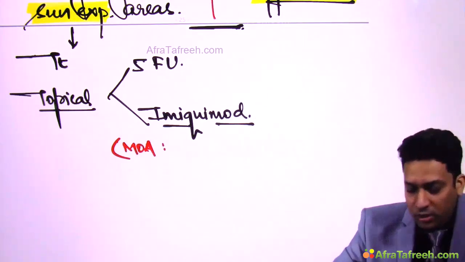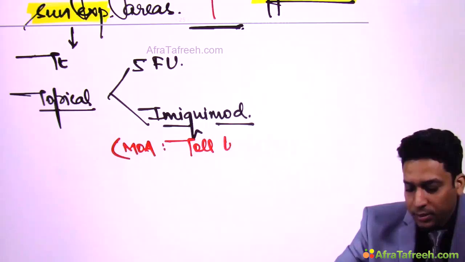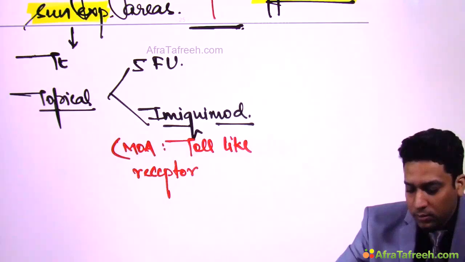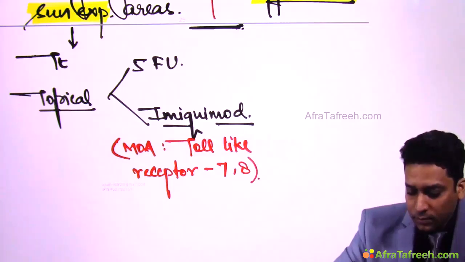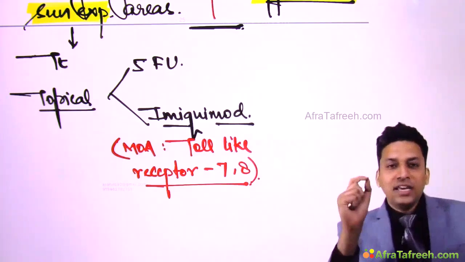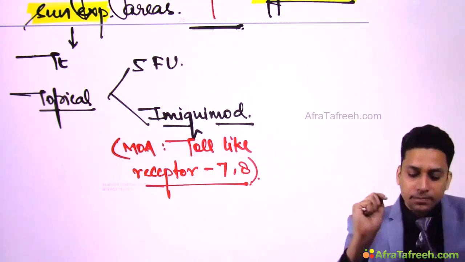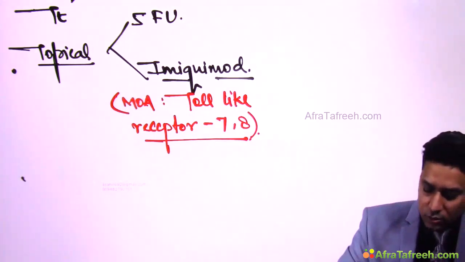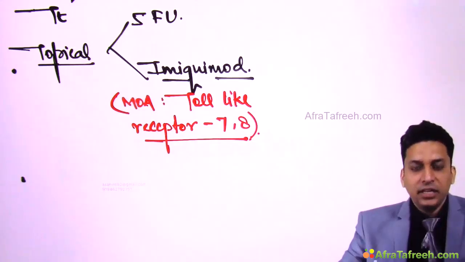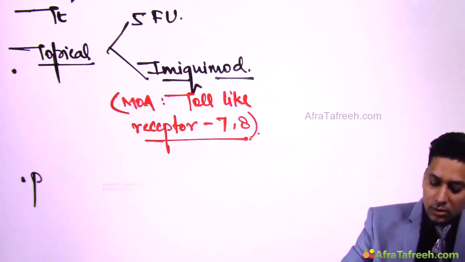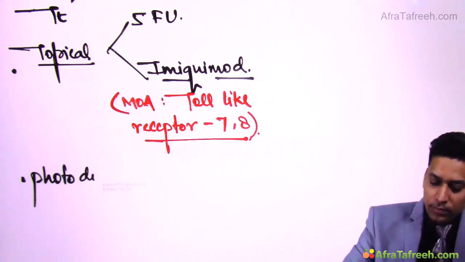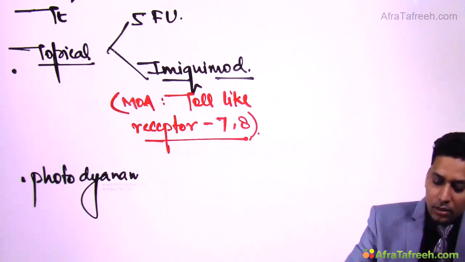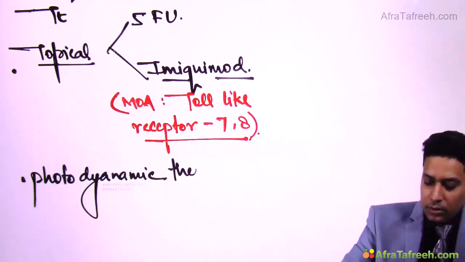So mechanism of action, this is toll-like receptor 7 and 8. So it acts on toll-like receptors 7 and 8. Okay. Another treatment which is used for this pre-malignant condition, that is actinic keratosis, is photodynamic therapy.